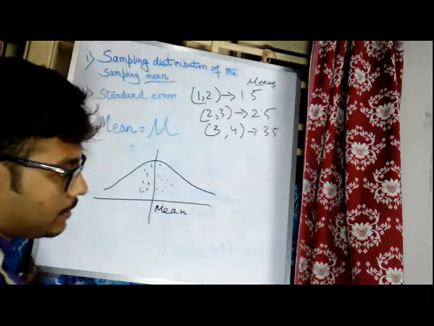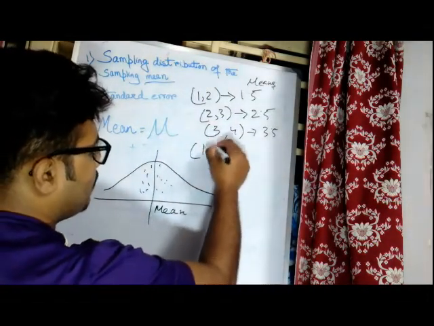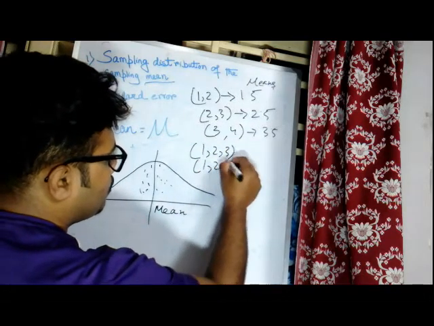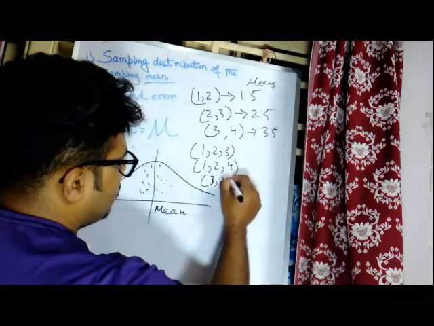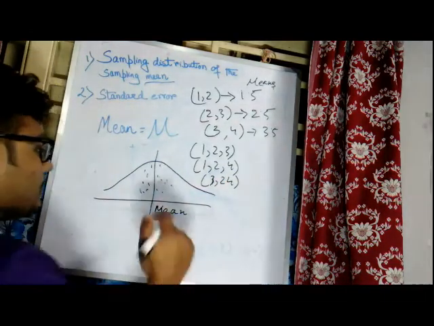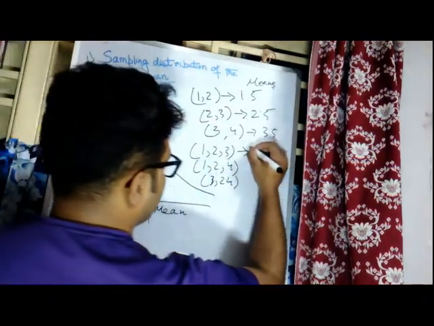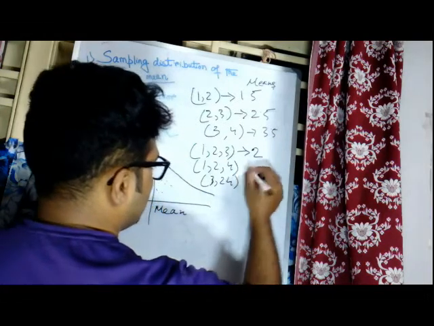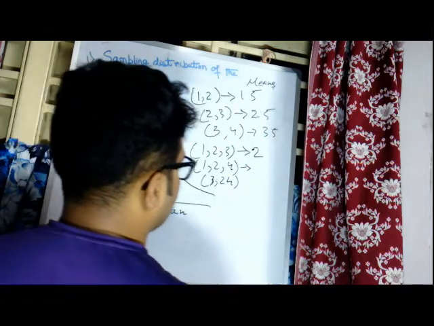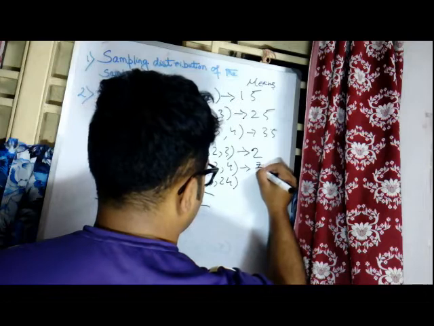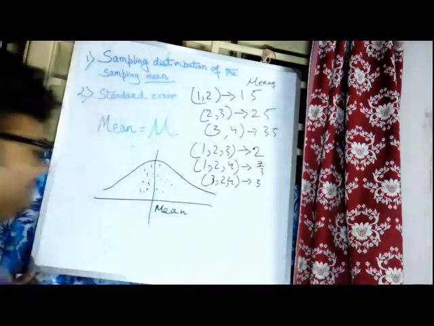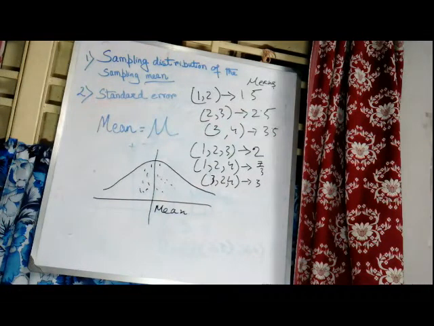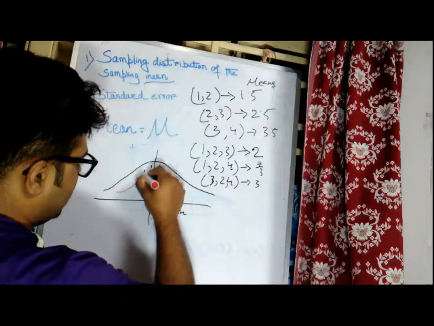Now if we increase the sample size, that is if we take 3 at a time, 1, 2, 3, again 1, 2, 4, again 3, 2, 4, and if we go on like this, we will see in this case that the curve will become like this.